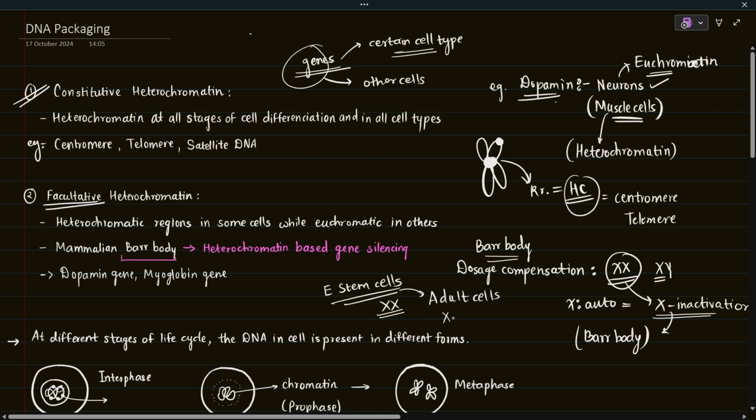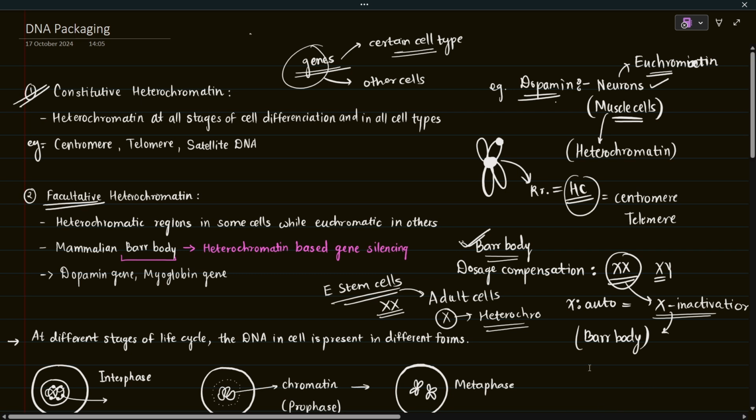For getting inactivated, this X chromosome undergoes heterochromatinization, meaning conversion of euchromatin into heterochromatin. At a certain cell differentiation stage, this X chromosome was actually euchromatin, and now it is turning to heterochromatin. It wasn't always transcriptionally silent. It produced some mRNA and then got heterochromatinized, and that's why the bar body comes under facultative heterochromatin. Okay, I hope this is clear to you all.